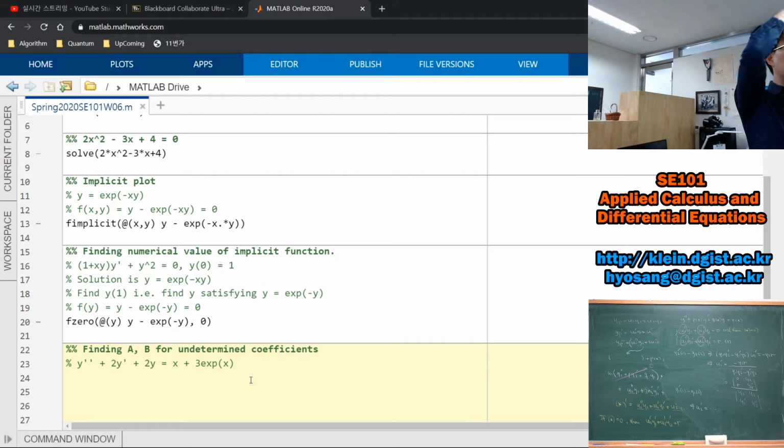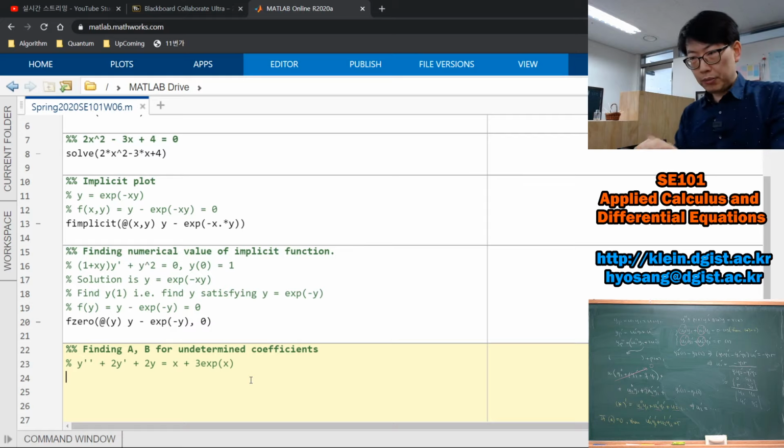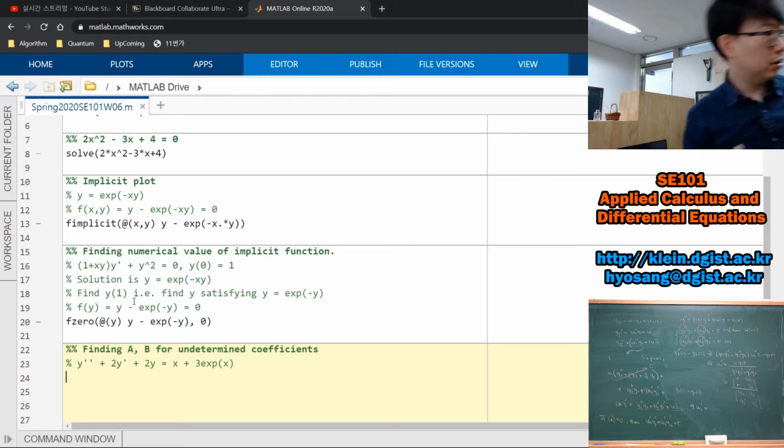Okay, so I'm going to tell you how to use MATLAB when you solve differential equations, particularly if you're trying to solve the homework problems. I'm not asking you to write entire detailed line by line computation in the homework report, because you have to type it.